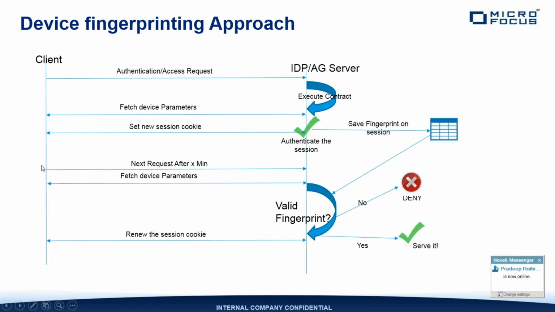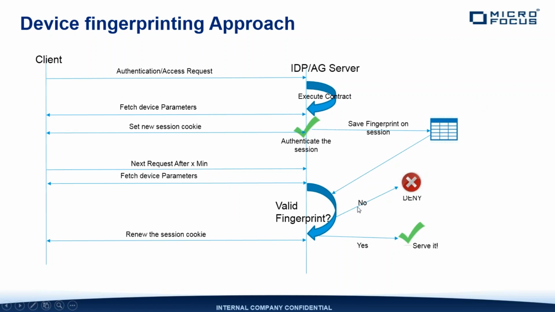Okay. So let's say after a small interval, after a minute or so, he makes a new request to the server. The server tries to fetch all the information captured during the authentication, and validates it against the stored fingerprint. All the server-side parameters, client-side parameters, as well as the cookies are validated against the current saved session.